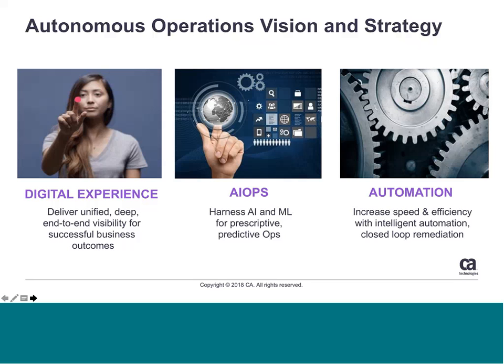Now, as we talk about the digital experience, how do we bring it to the forefront? That's where the AI ops, the machine learning, the artificial intelligence, the predictive operations piece comes into the picture.